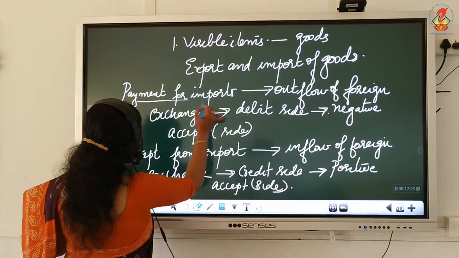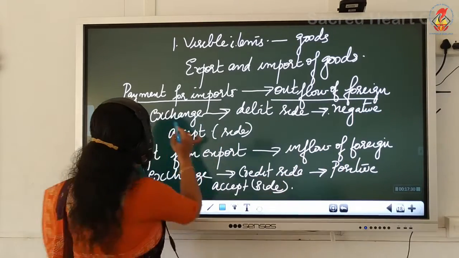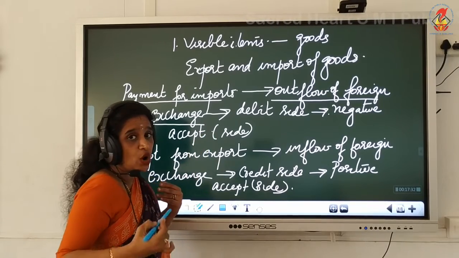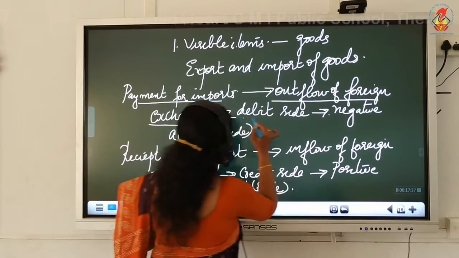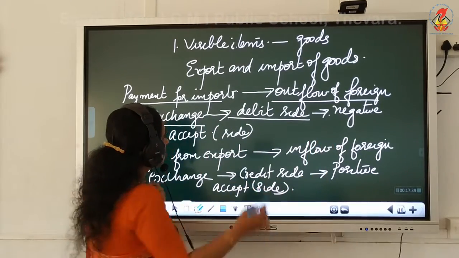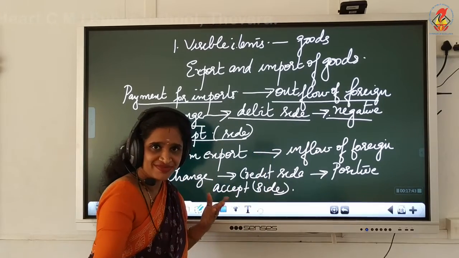So payment for imports causes outflow of foreign exchange. If it is an outflow, where will we record it? On the debit side of the double entry system, and it is a negative aspect or negative side because money is flowing out.